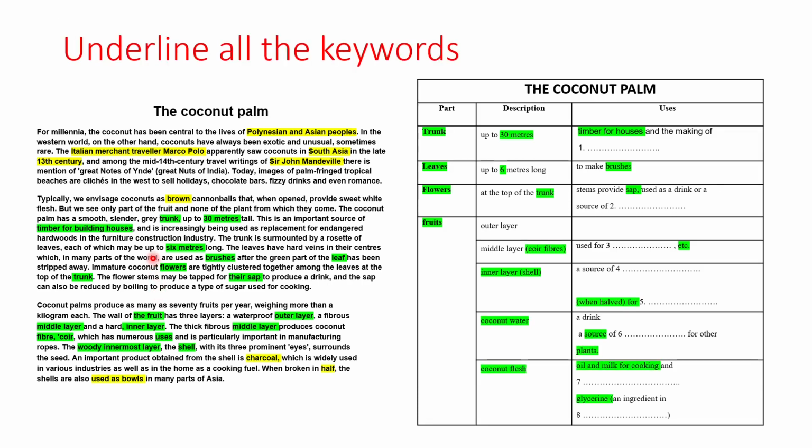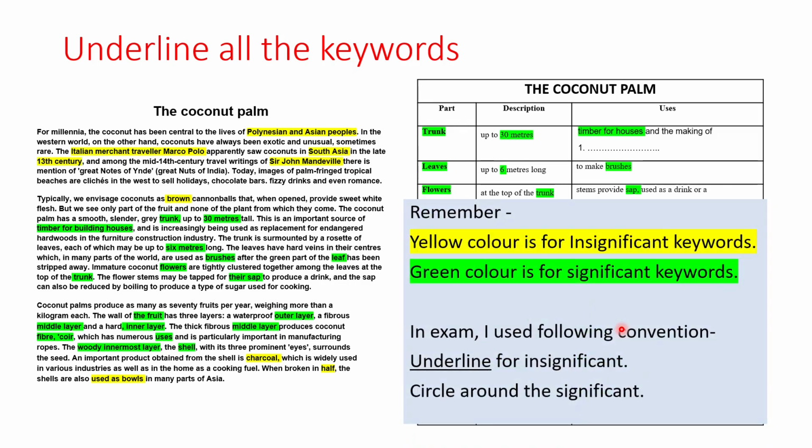Now in this slide I had already underlined all the questions. You can have a look at this one, and if you want to try by yourself, just pause the video and try to solve it yourself. Remember one thing here: yellow color is for insignificant keywords, green color is for significant keywords.